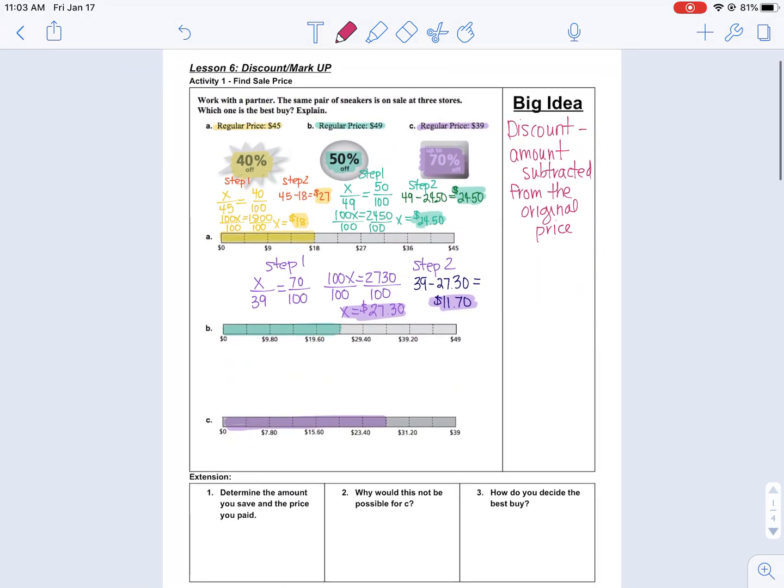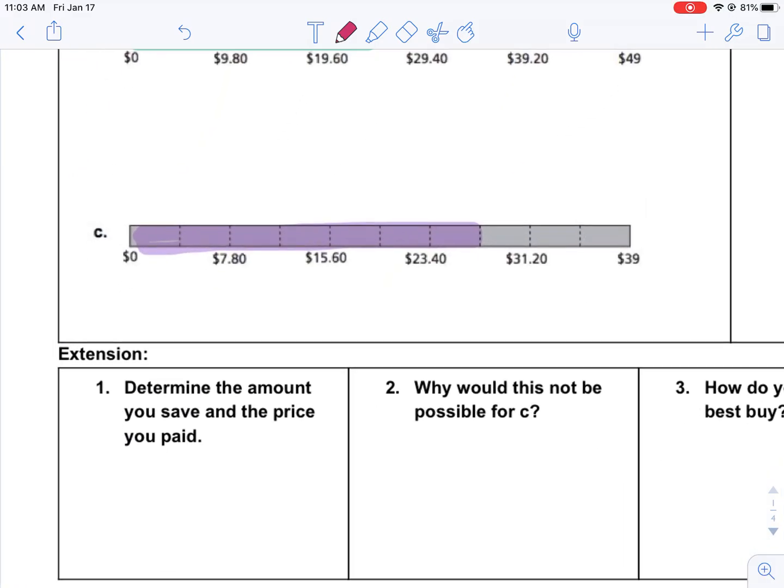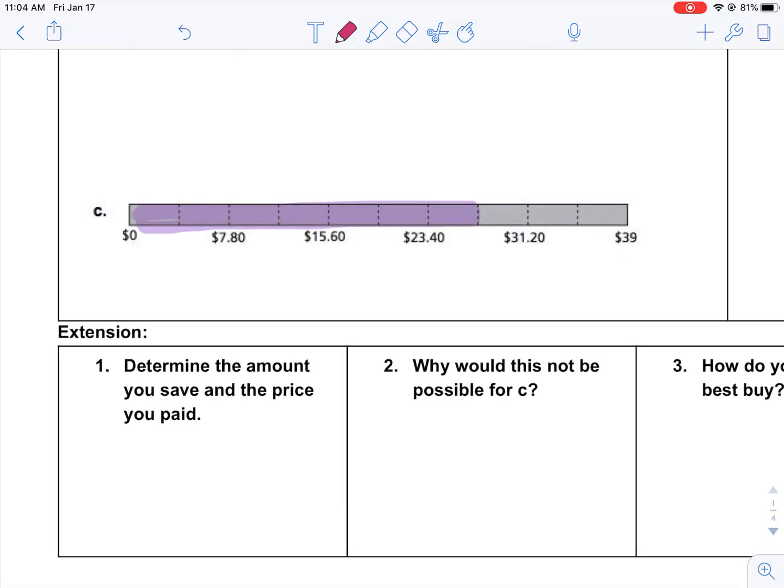So let's go down here and look at some of these extension problems. Determine the amount you save and the price you paid. So we did that. Determine the amount you save. So the amount you save is your discount. So we're going to write that in. The amount that you save is the discount.